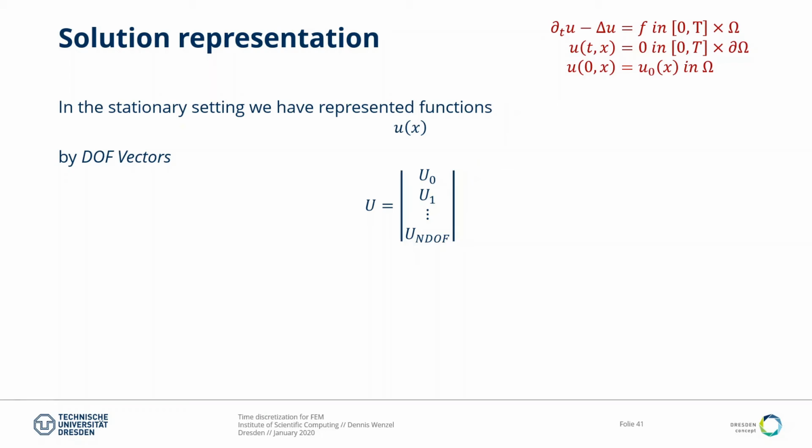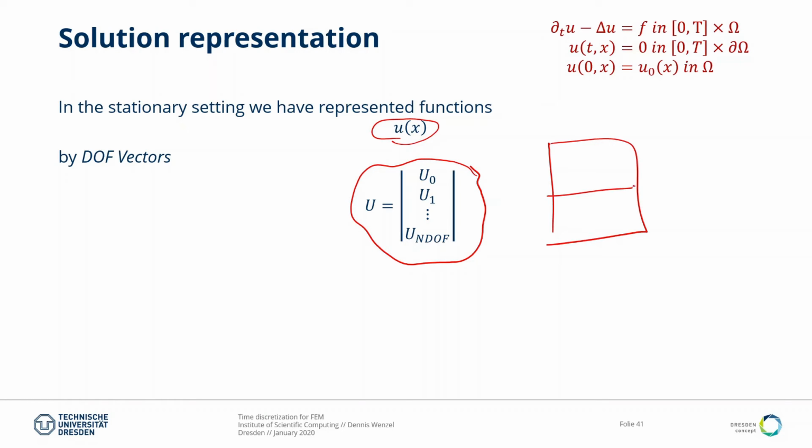Firstly, we need to talk about solution representations. If you remember the stationary setting that we've been talking about the whole semester so far, there we have represented functions u of x that are defined on the domain omega by so-called DOF vectors, right? These were vectors that had as many components as you had degrees of freedom in your system.